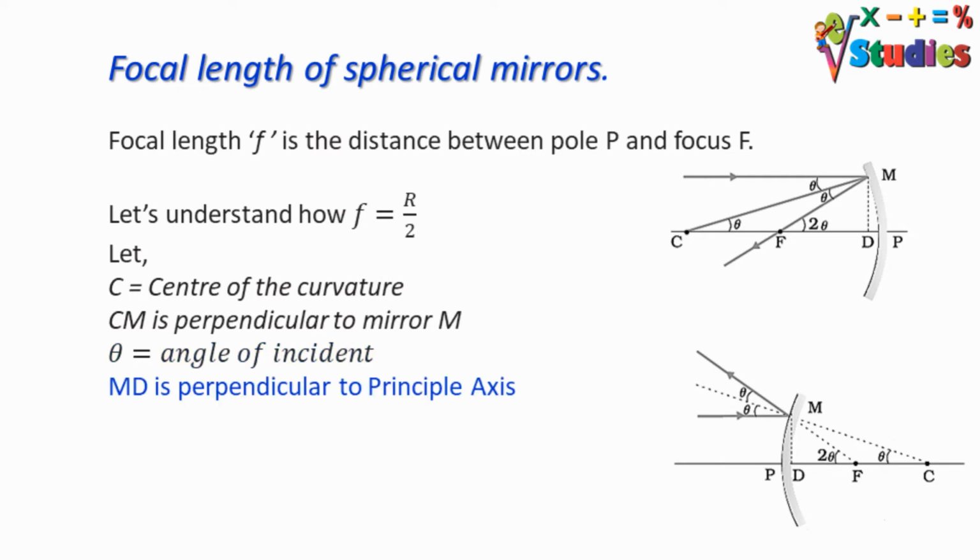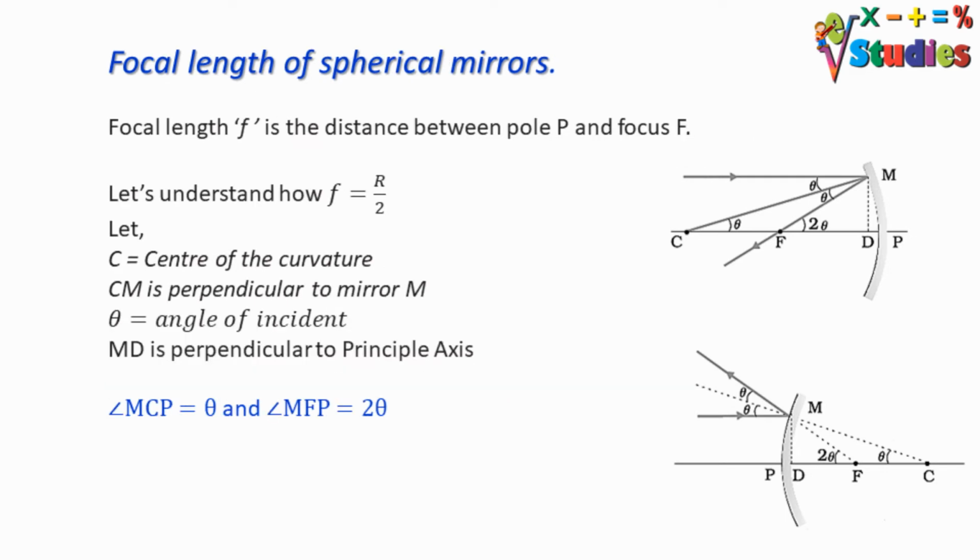MD is perpendicular to the principal axis. Now students, look at angle MCP. Angle MCP is theta, and angle MFP is double the theta, therefore it is 2 theta.